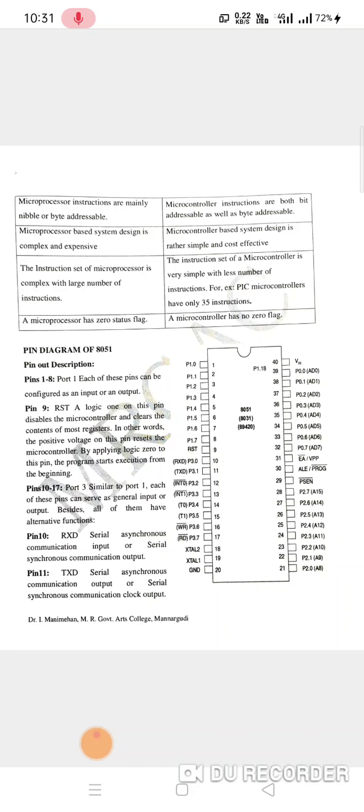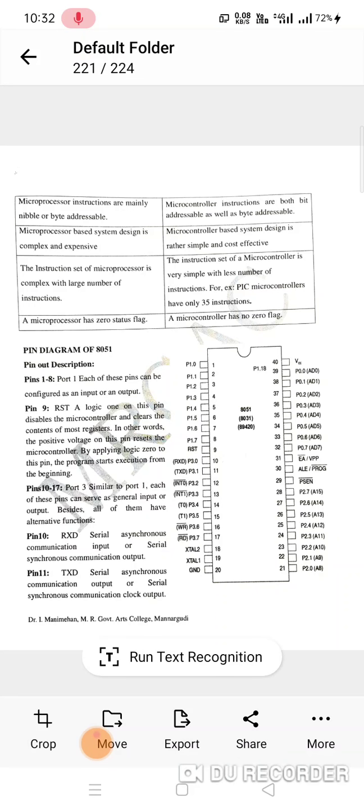So pin number 9 is for RST. What is meant by RST? A logic 1 on this pin disables the microcontroller and clears the content of most registers. In other words, a positive voltage on this pin resets the controller. By applying logic 0 to this pin, the program starts execution from the beginning. RST indicates reset.